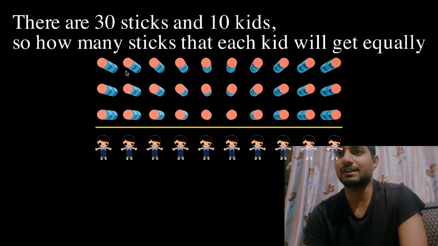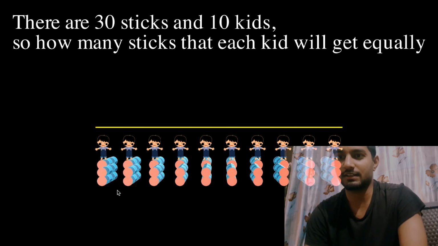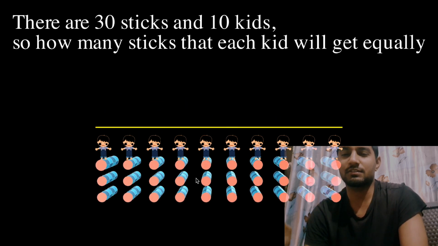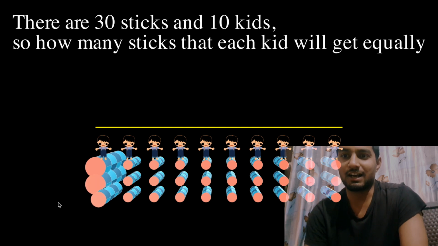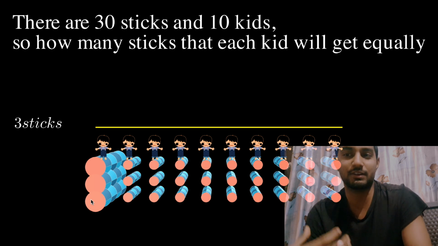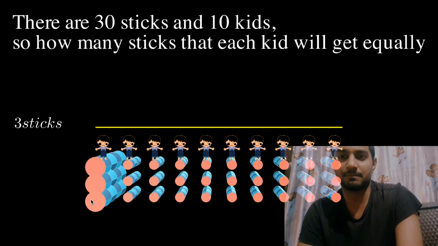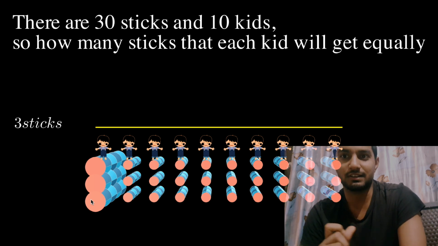We can represent 30 sticks like this, and then we have 10 kids, so each will get one over here equally. This way we can count that each kid will get 3 sticks. This was very easy to do because we have already grouped, as we learned from our system, that we always group things in multiples of tens. We call it ones, tens, hundreds.